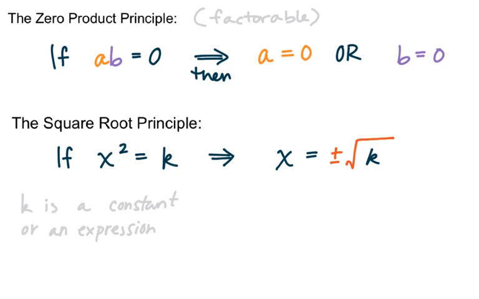So the main idea here is I started with a square and I turned that into a square root. So essentially I'm using a square root to solve. And if you ever use a square root to solve, you must write plus or minus in front of it. And the logic for this should make good sense to us.